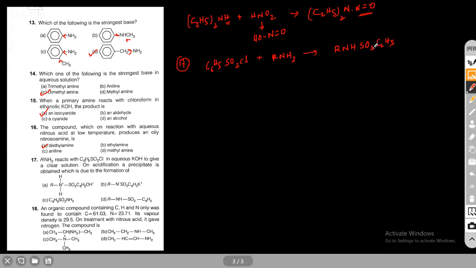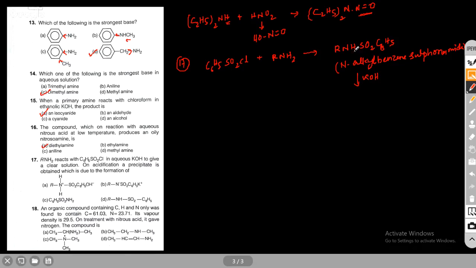Now this is N-alkyl benzenesulfonamide, with the N-alkyl group attached. Now when you add aqueous KOH, this will form a salt.